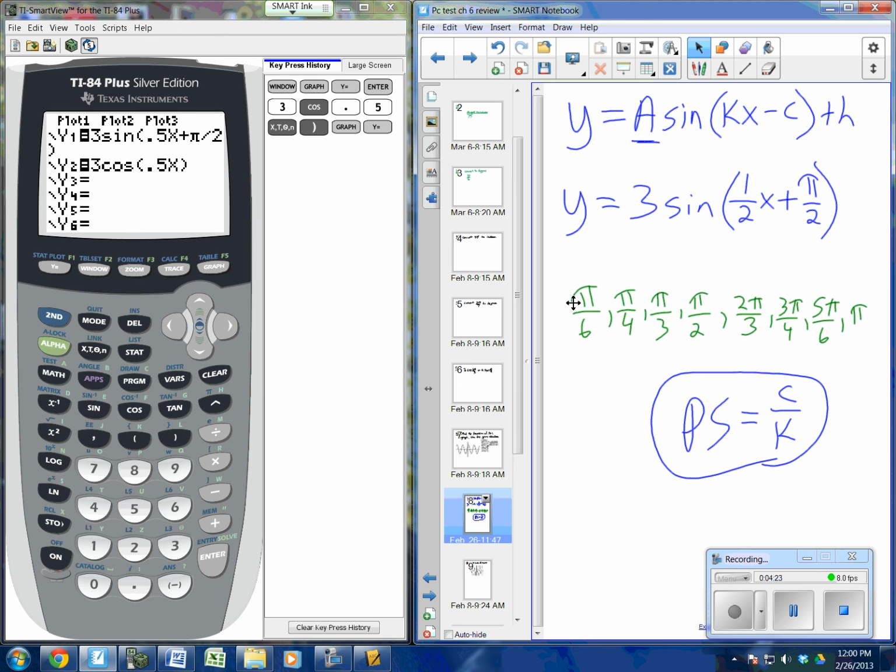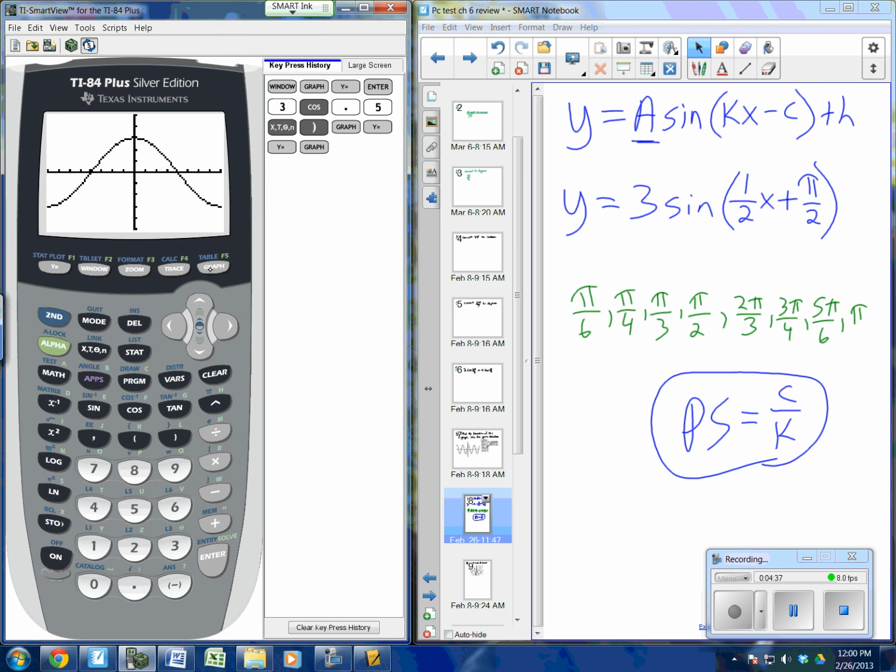K changes the period. K affects the period. It affects it either going longer this way or getting shorter. Like on this problem right here, we expanded it. So now only half of a period takes place between 0 and 2 pi because we're taking a slinky and stretching it out, right? We stretched it.